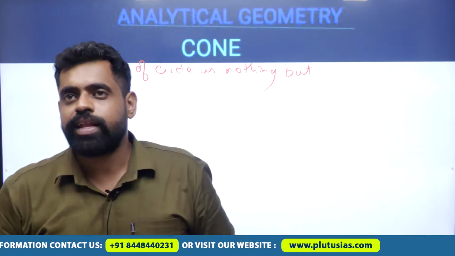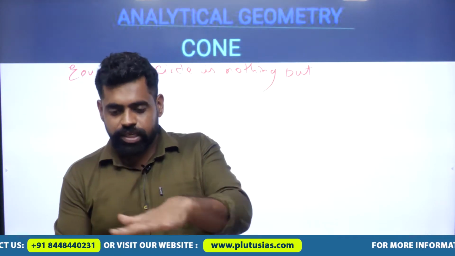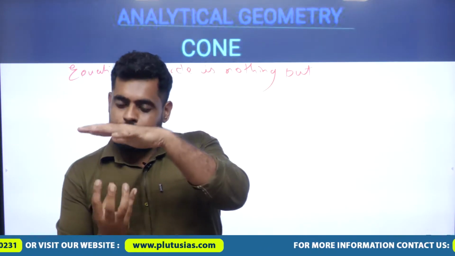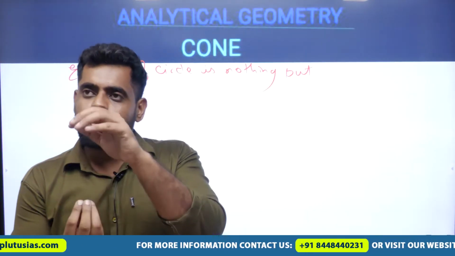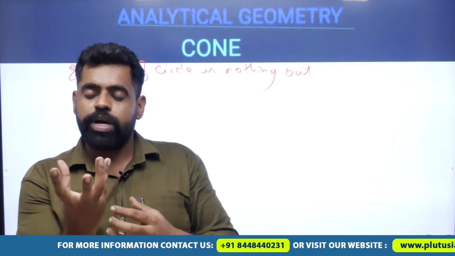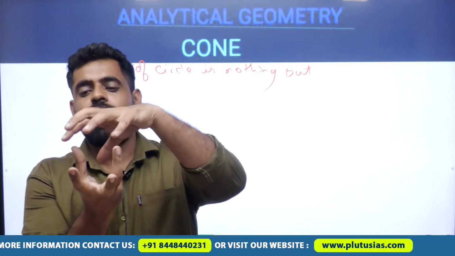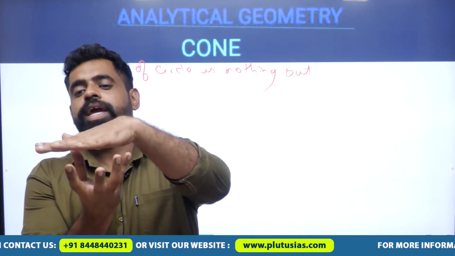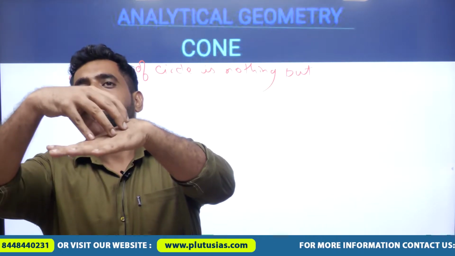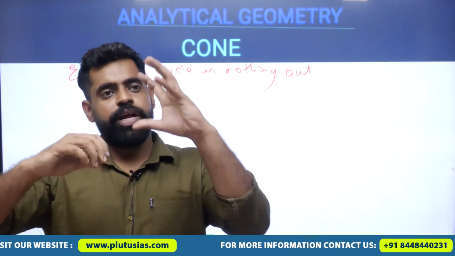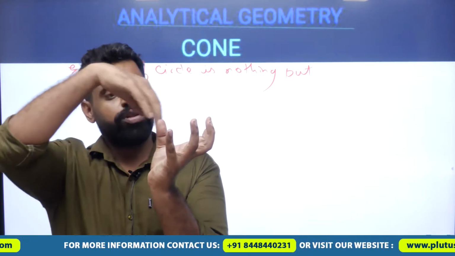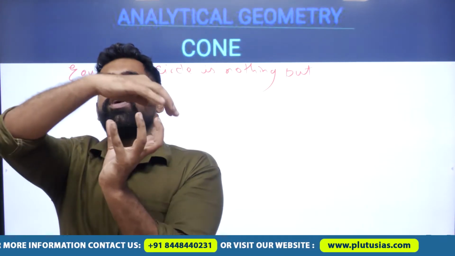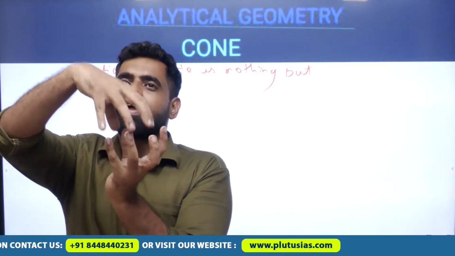So a circle is the intersection of a sphere and a plane. All the points which satisfy both this sphere and this plane would be part of the circle. If you take a spherical ball and cut it, you get a circle.